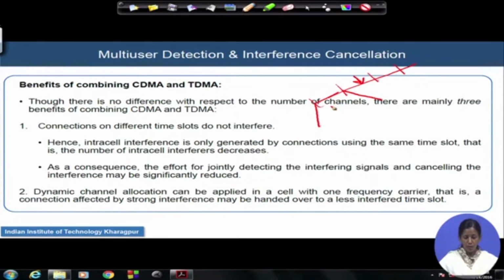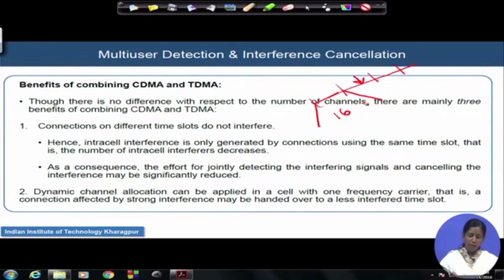So, the effort of jointly detecting the interfering signals and cancelling them is still there, but its dimension has reduced. Earlier it was 256 and now it is only 16. Because only 16 code channels are available per time period, and earlier there was no time division, all 256 code channels were available all the time. So, now it is not the situation.